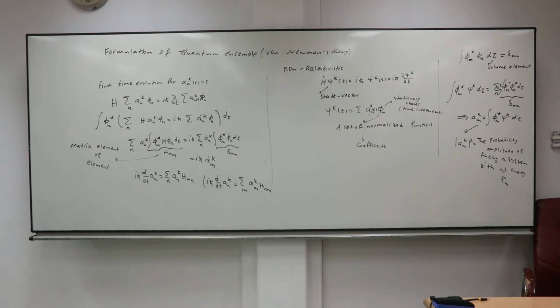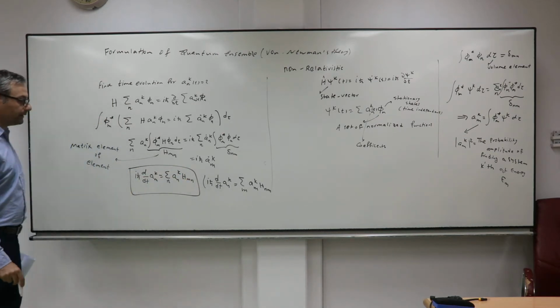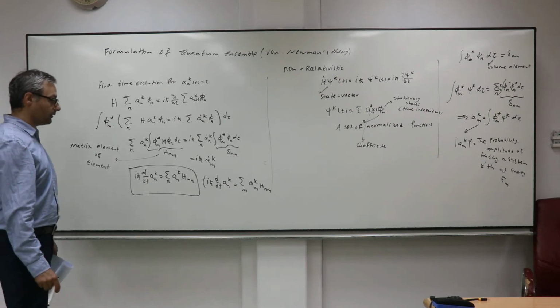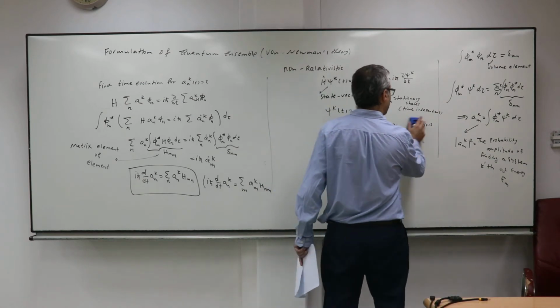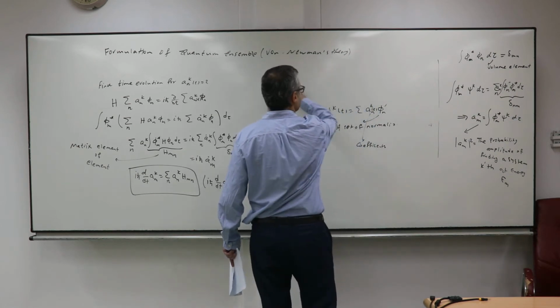Okay, so this equation gives you the evolution of the coefficient, or the evolution of the amplitude, the probability amplitude of the quantum transition, if you want to talk about it, or the probability amplitude of finding different elements of the ensemble in the special case.